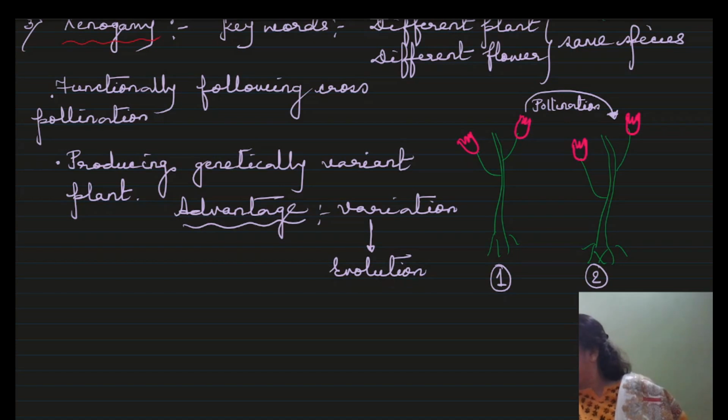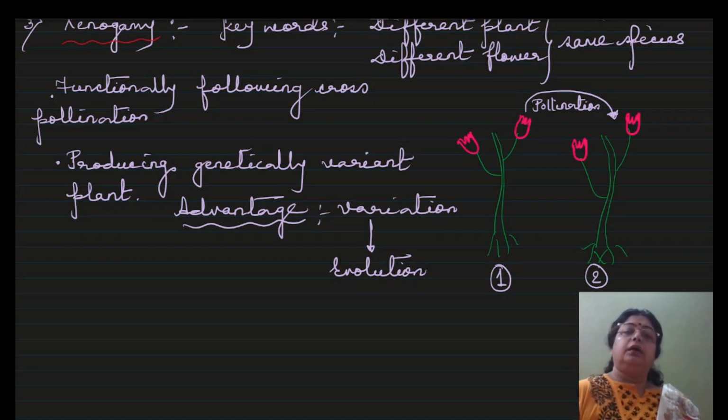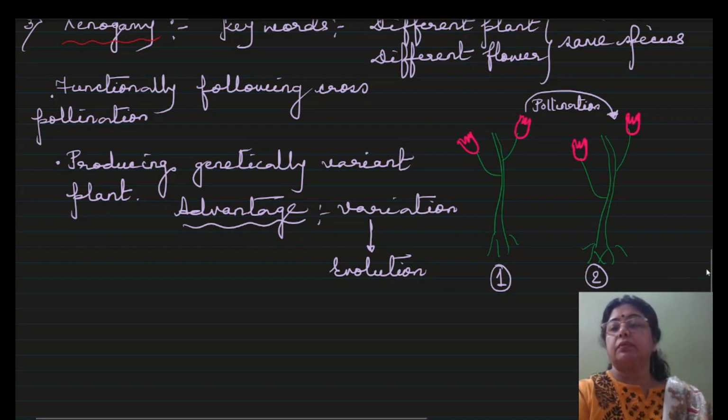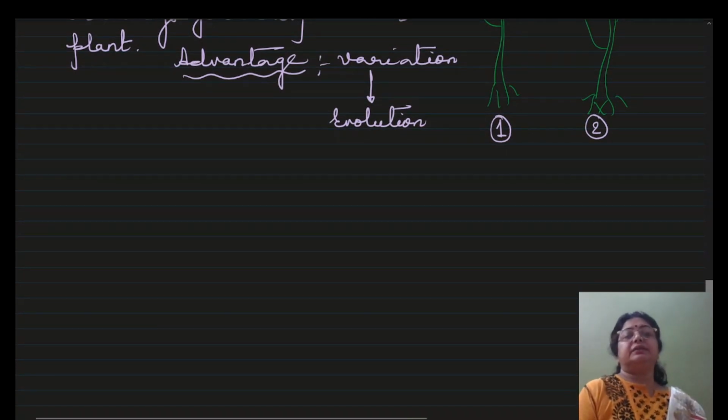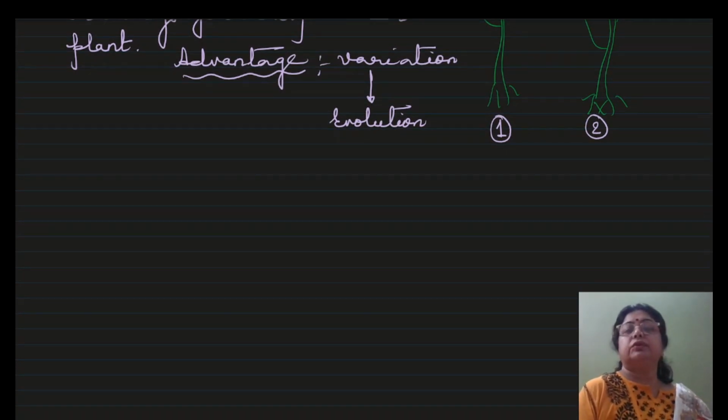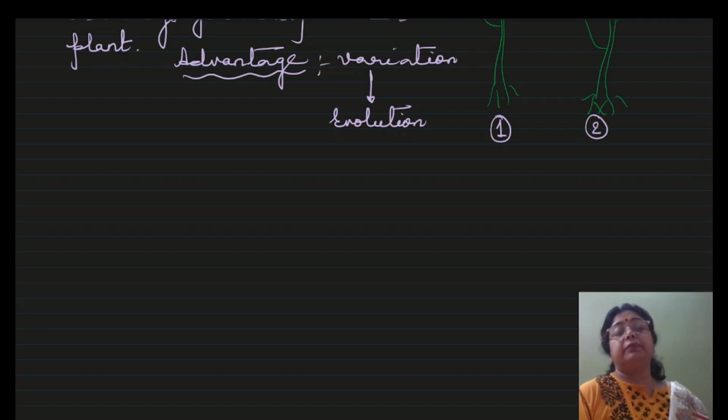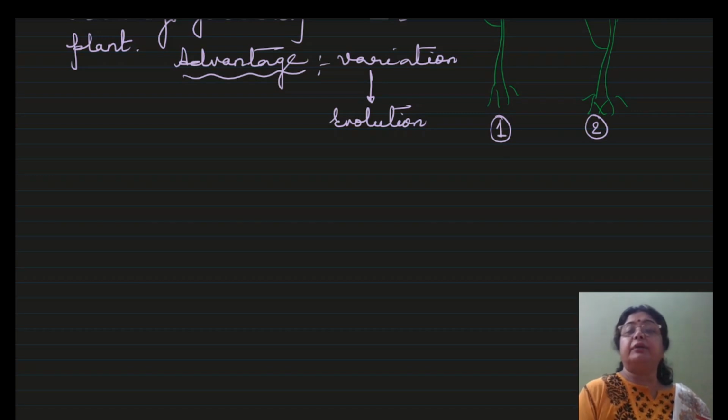Okay, students, clear? So in this way we can conclude today that we understood the different types of pollination: autogamy, geitonogamy, xenogamy. The questions which come generally are like this, on the types of pollination. Then, why are cleistogamous flowers invariably autogamous?